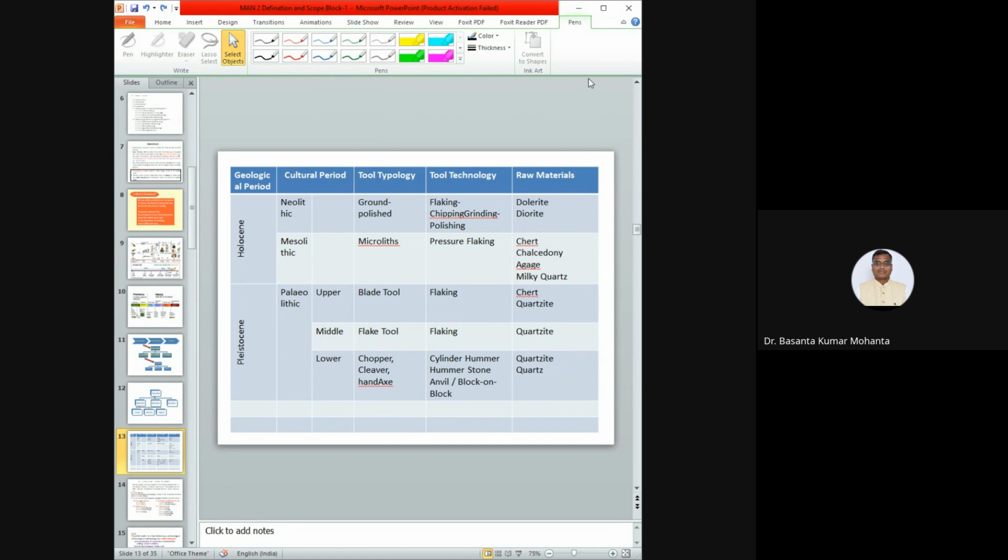So before the introduction of processual archaeology, the archaeologists were trying to reconstruct past culture only on the basis of the findings and their typotechnological analysis.